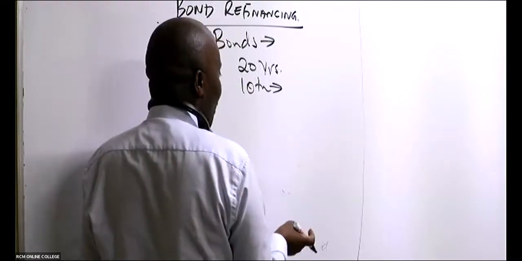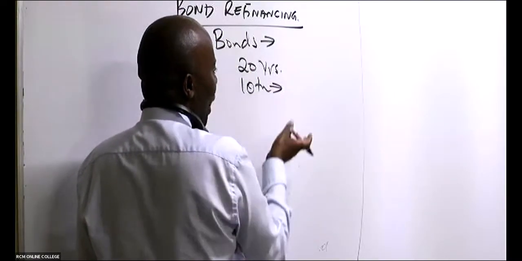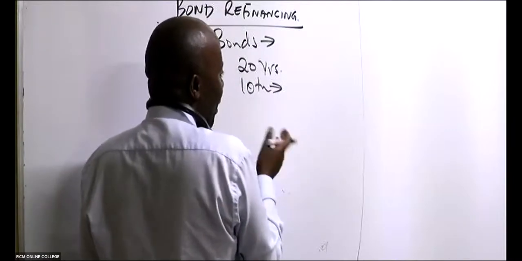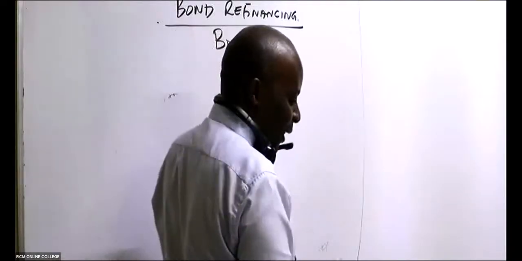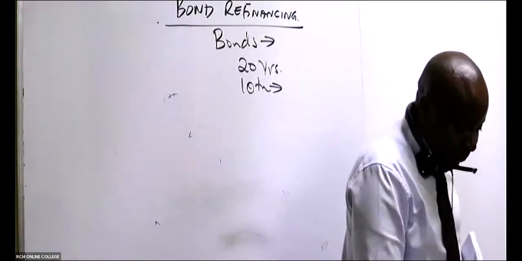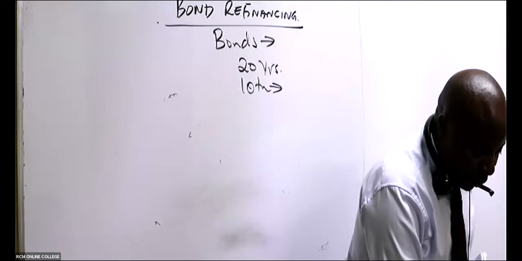So what do you do? You refund the old bondholders, and then you issue out new, cheaper bonds. That is what we call bond refinancing.